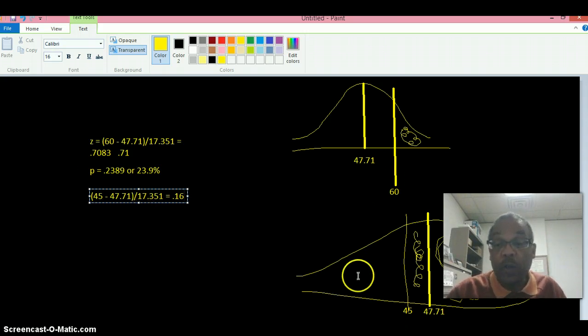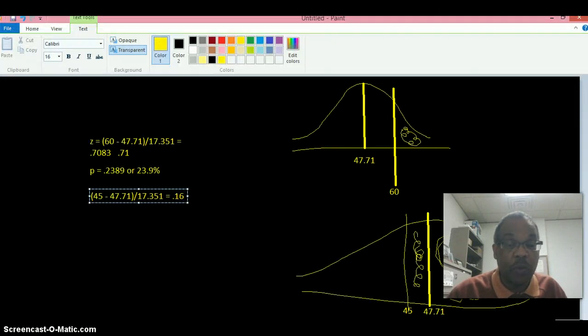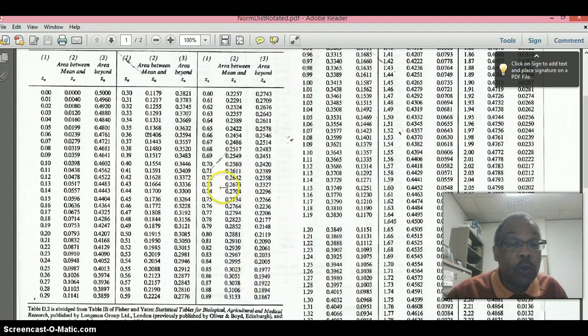So in this case we have to look at the area between, which when we go to 0.16, the area between, the second column, is 0.0636.